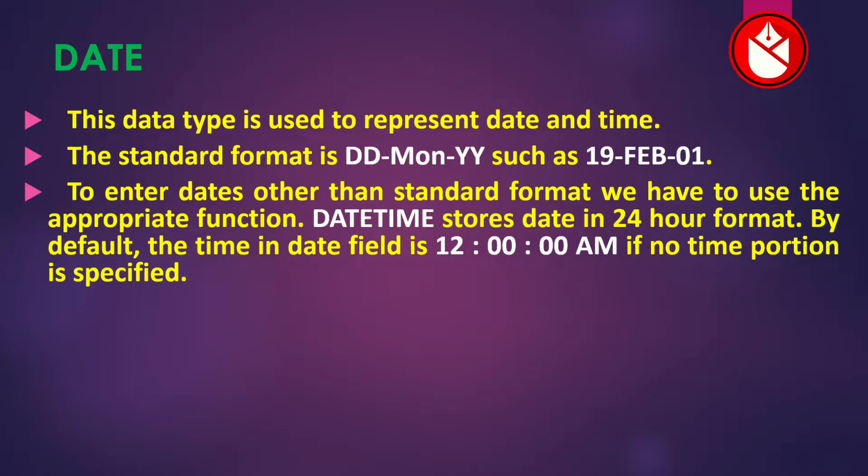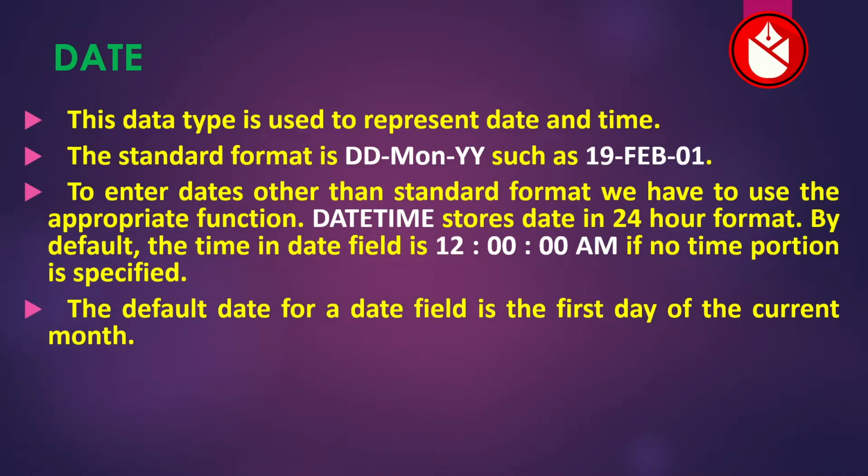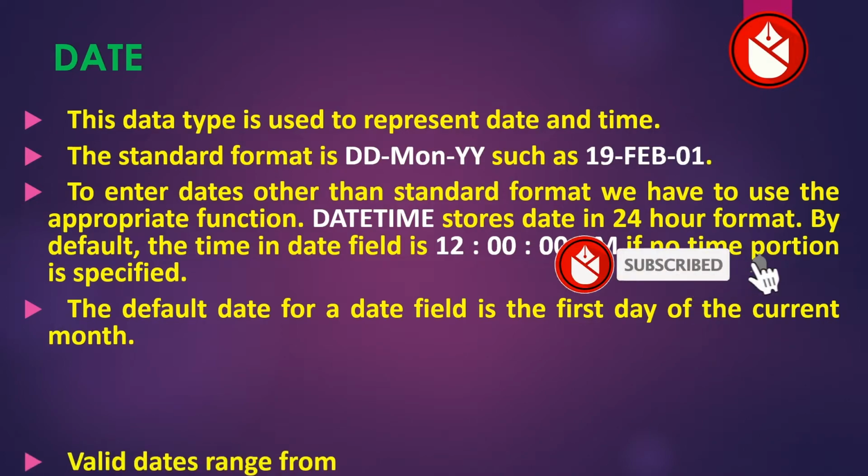DateTime stores date in 24-hour format. By default, the time in a date field is 12:00:00 AM if no time portion is specified. The default date for a date field is the first day of the current month.